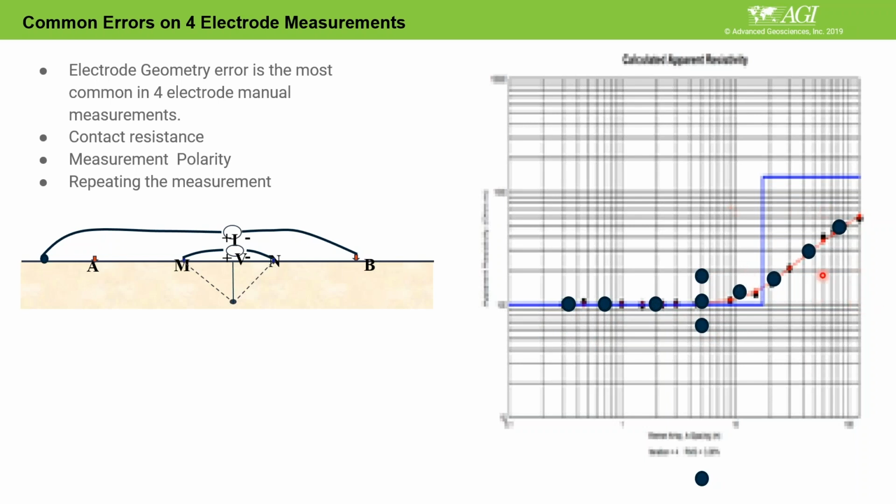I have seen this: the data sometimes just goes up and down, lots of changes between one point and another. There cannot be sharp changes from one point to another. Everything has to be smooth for vertical electrical sounding. So if you don't get a smooth curve, you're doing something wrong.